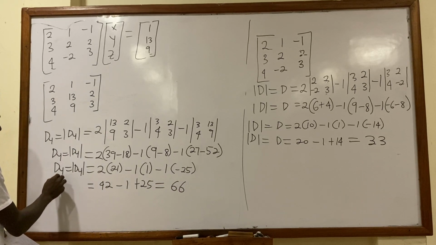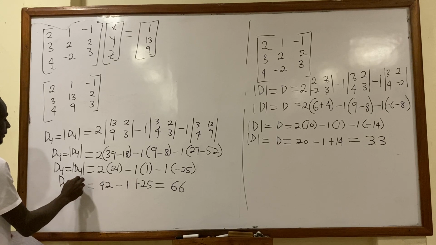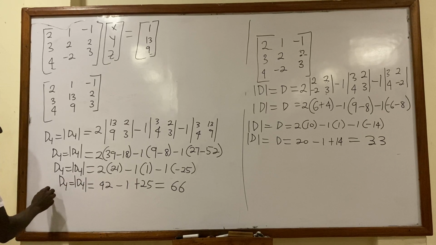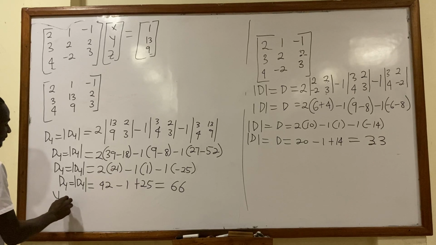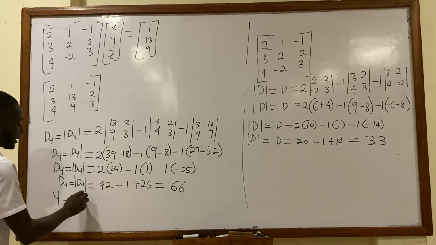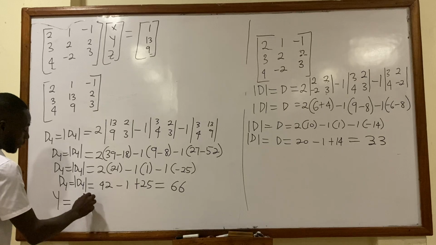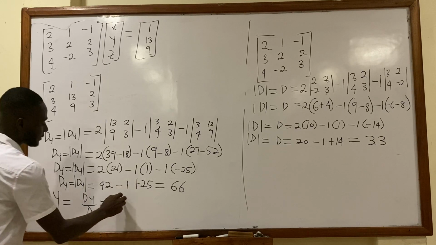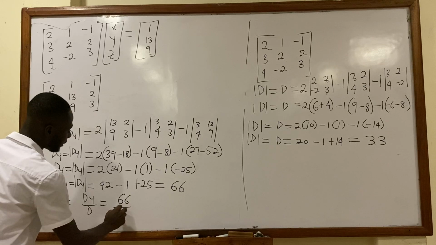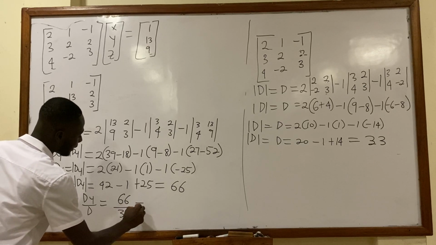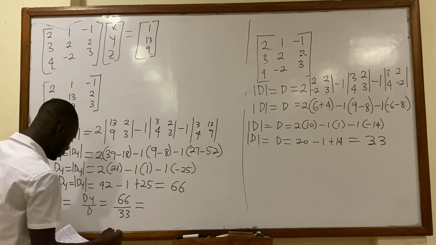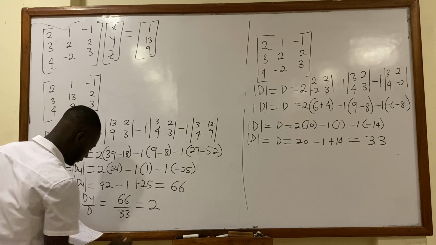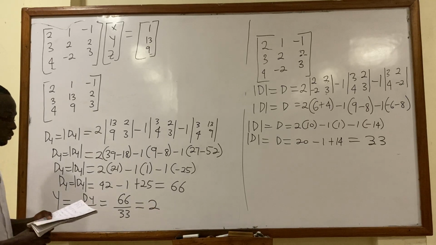So we have the determinant of dy as 66. So we have the value of y as dy over d, which is equal to 66 over 33, right? And this is equal to 2.